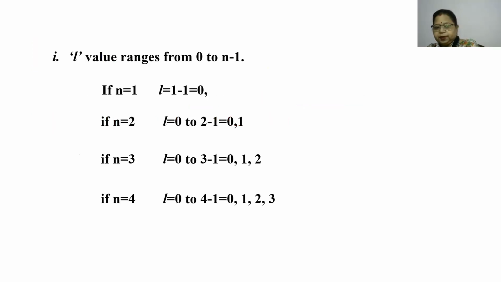Very correct. First of all, the value of l is from 0 to n minus 1 and it determines the shape of the orbital. That's the key answer I was looking for. Good. Since you are able to write that chart clearly, I'm pretty sure you understand that the value of l ranges from 0 to n minus 1.